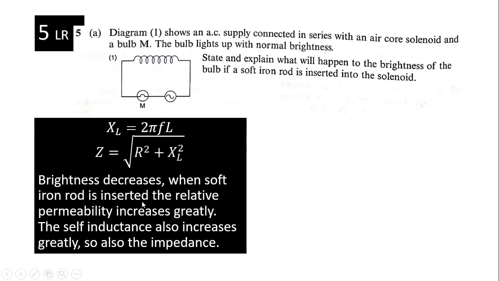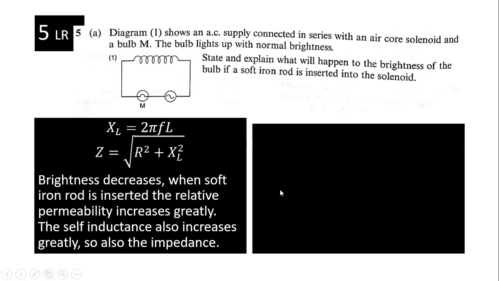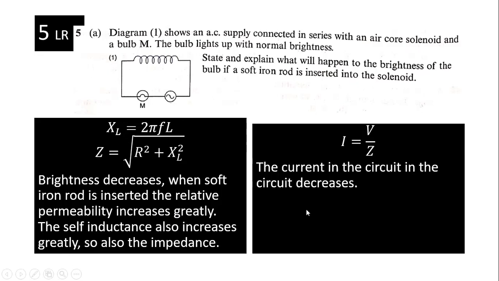When the soft iron core is inserted, the relative permeability increases, so you increase your L. The self-inductance of the coil also increases greatly. So if XL increases, in this case your Z also increases, so the impedance increases. So the current becomes less. Current is just your voltage supply divided by Z. The current in the circuit decreases. That's all.